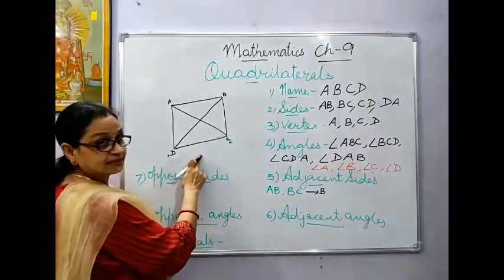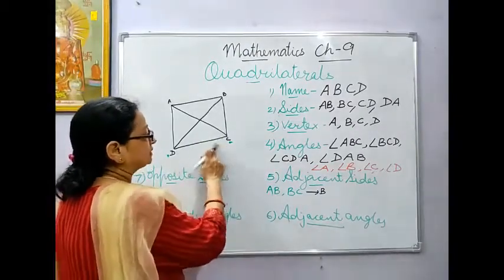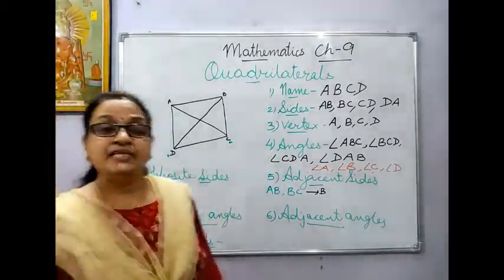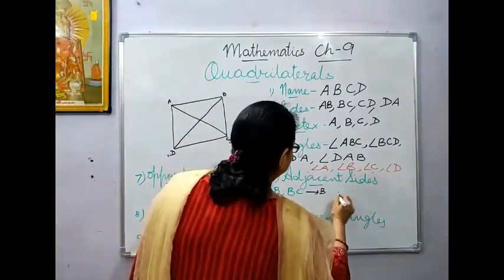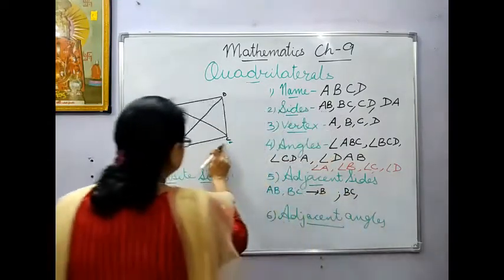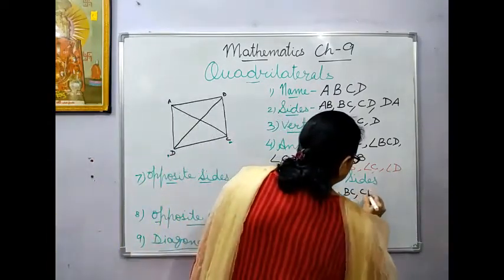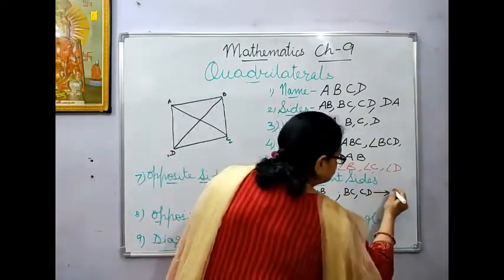The pair of sides which have a common vertex are called adjacent sides. So here also, next we can write down BC and CD are adjacent sides which have common vertex C.